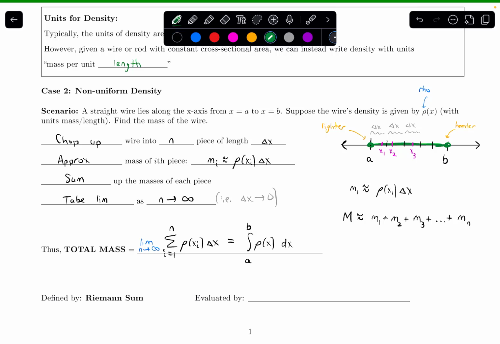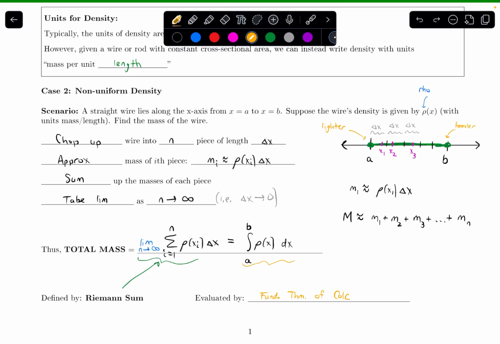So I'm defining this total mass using this Riemann sum that ends up being this integral. The way I evaluate that integral is the fundamental theorem of calculus, which basically says I can take the antiderivative of this function, plug in these limits of integration, and subtract like I'm used to.